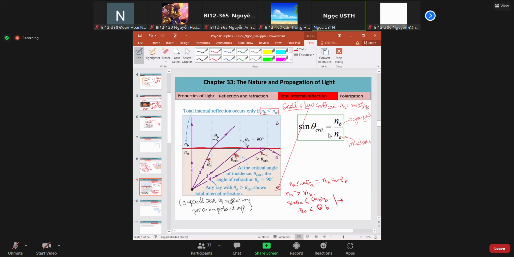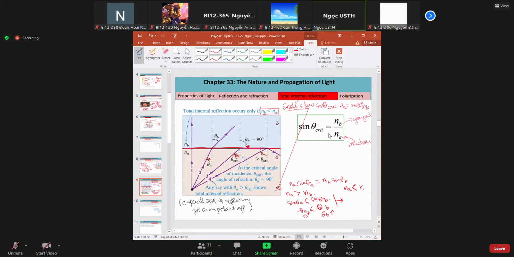And when we increase the theta A, the theta B should increase as well. And when the theta B equals 90 degrees here, that is where the total internal reflection starts happening, right?